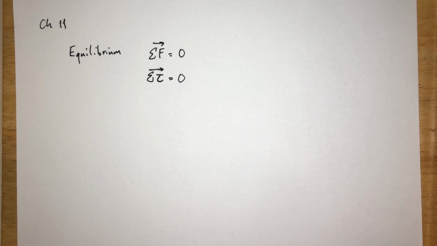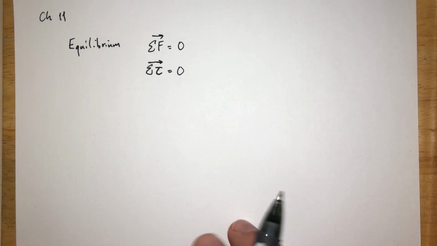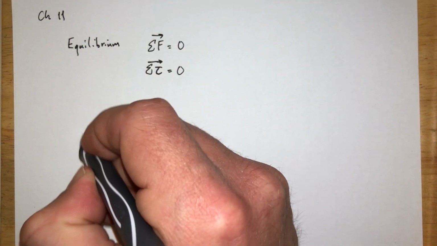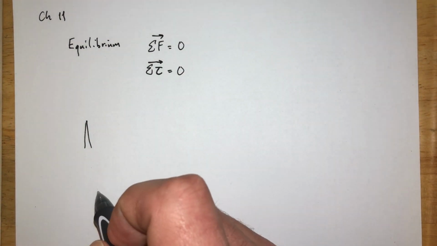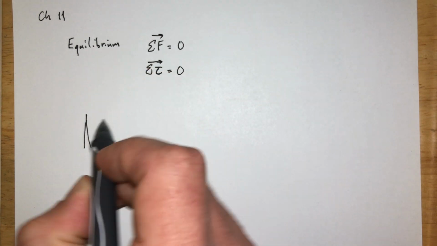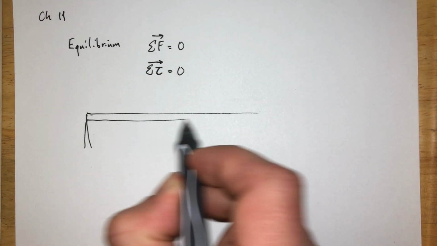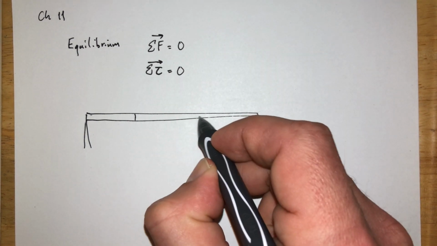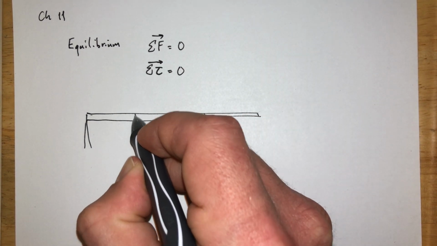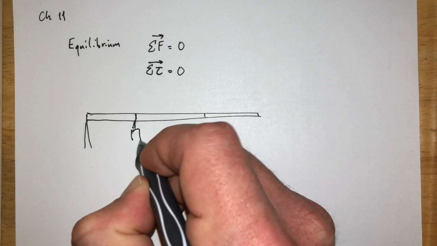During the lab tomorrow, you're going to have a setup something like this. You'll have a support, a fulcrum, and a meter stick balanced on that fulcrum. You'll have some mass hung at different places on the meter stick.